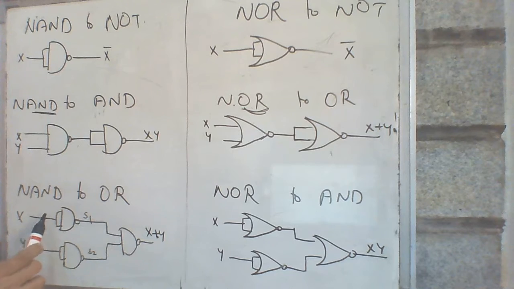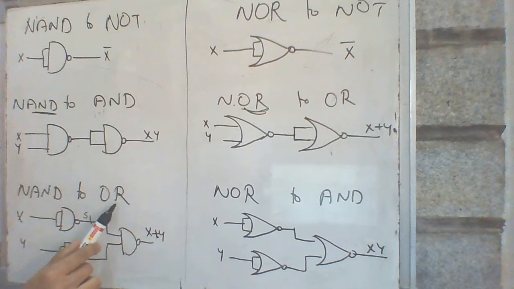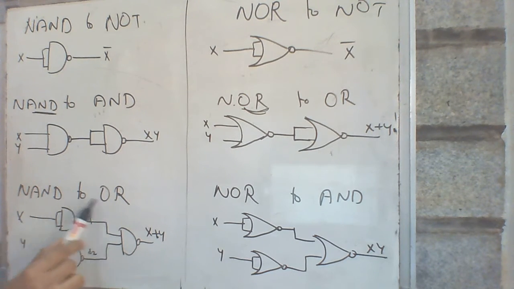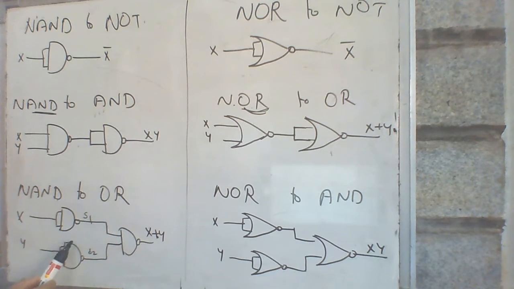Then the third diagram, NAND to OR and NOR to AND diagrams are same. For designing OR gate using NAND gates, 3 NAND gates are required. Here 3 NAND gates, here 3 NOR gates.